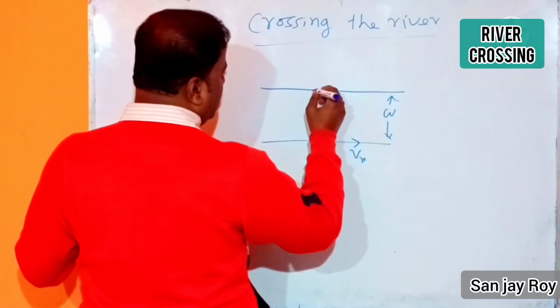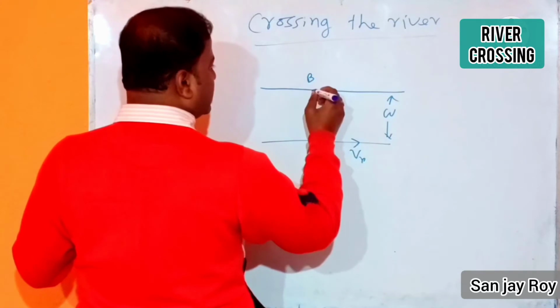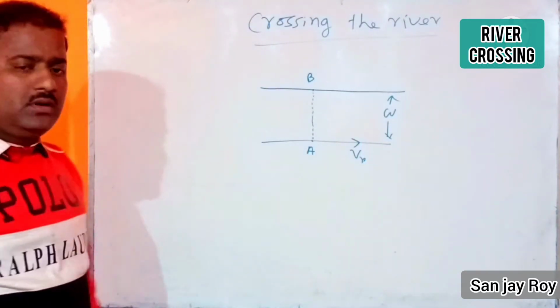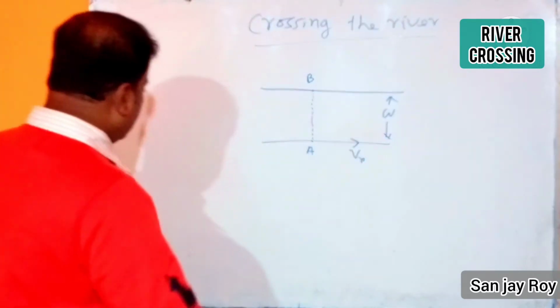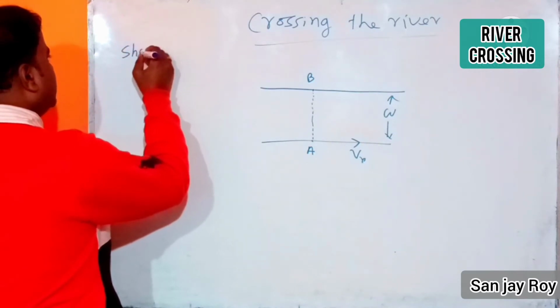A and B are two directly opposite points of the river. First, we have to discuss crossing the river in the shortest path.